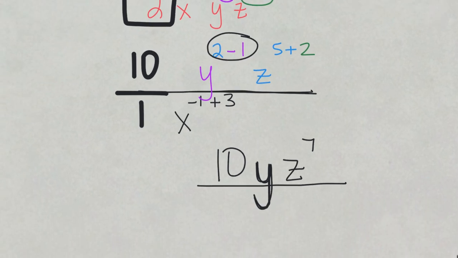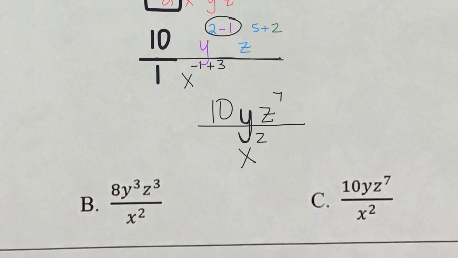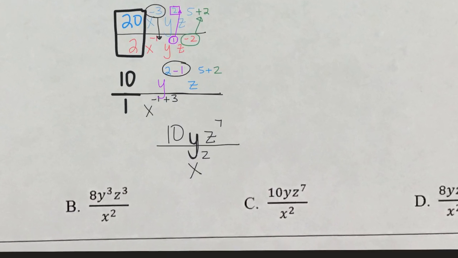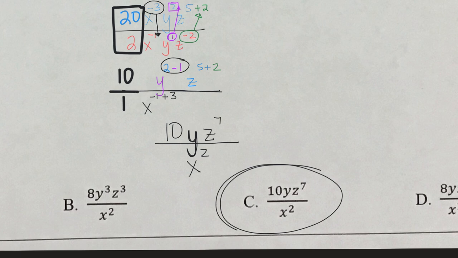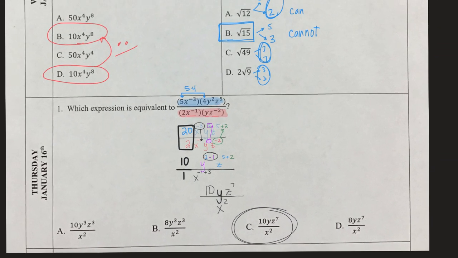And in the denominator, negative 1 plus 3 is positive 2. So 10yz^7 over x squared. 10yz^7 over x squared is option C.